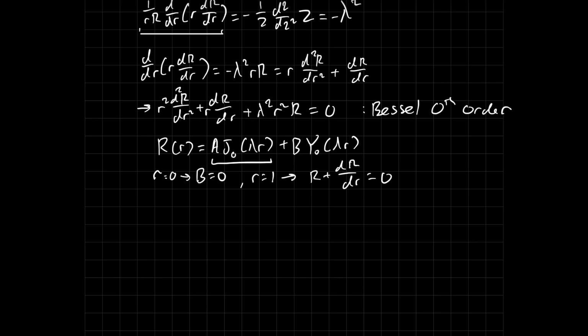So from here, we know that the derivative of a J0 is also going to be J0 of 0 times lambda minus lambda J1 of 1 times lambda.